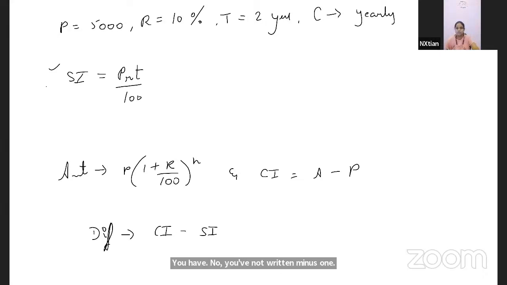You have not written minus 1. Ma'am, the SI for this question is 1,000. SI is 1,000, that's correct. Ma'am, I think without doing minus 1 also, you will get the answer, because you taught us like that in class. Yes, I taught you like that, definitely.